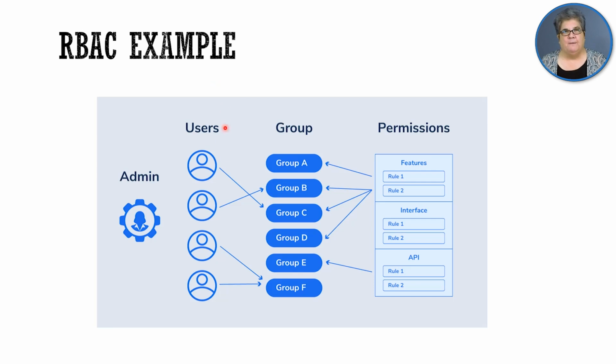Here's an example of RBAC. I have these various users. These users belong to different groups. So like this user belongs to group C. This user belongs to group B. Both of these users belong to group F. And then what I do is I grant permissions on whatever it is to a specific group.